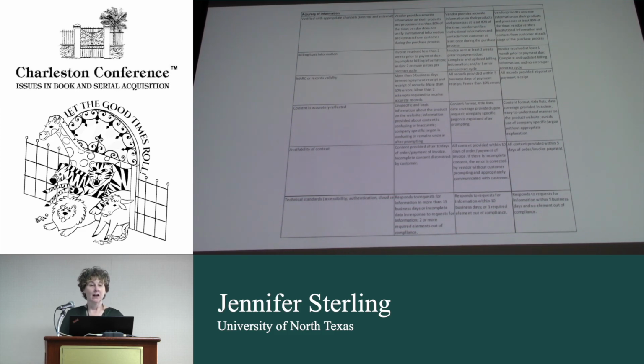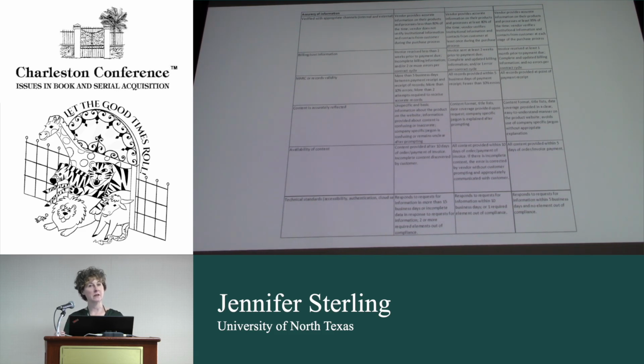So in the accuracy of information, in the subcategories, in the most ideal world, we verified with appropriate channels. The vendor has provided accurate information on their products and processes at least 95% of the time.